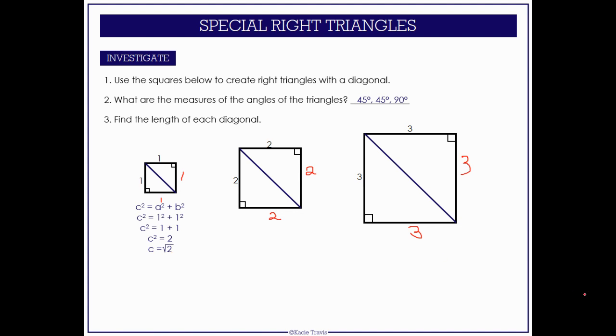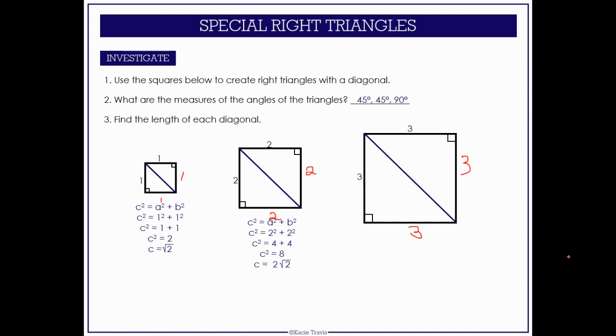Now, getting c being the square root of 2, let's see how this is going to work for these other two bigger triangles. All right, one in the middle. We also got c squared equals a squared plus b squared. We got 2 squared plus 2 squared. That's 4 plus 4 gives us 8. When we take the square root of 8, it's not a perfect square, which means we have to simplify this in simplest radical form, being 2 radical 2.